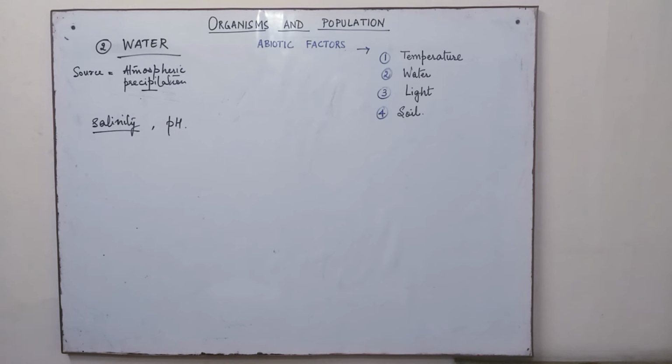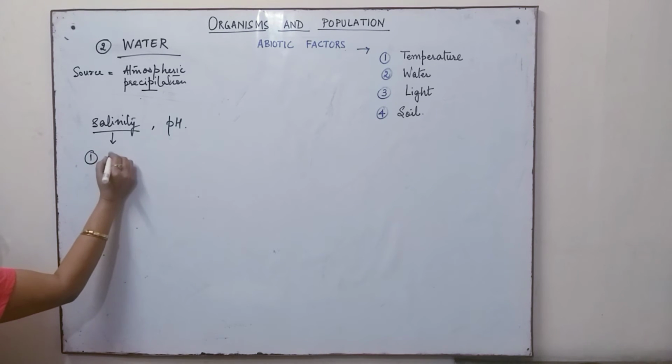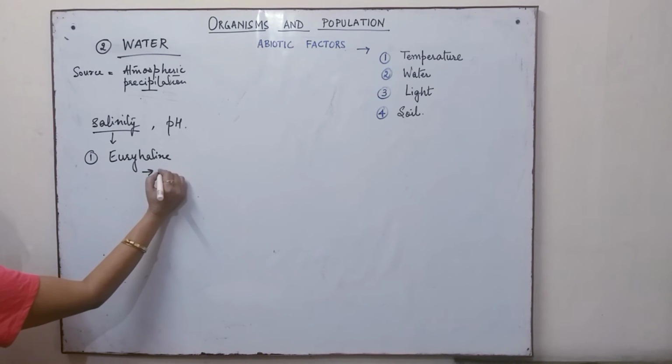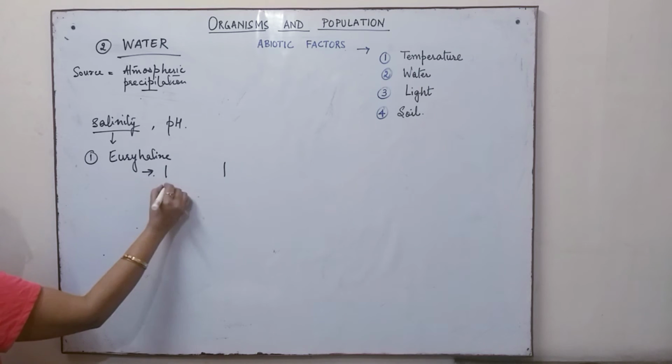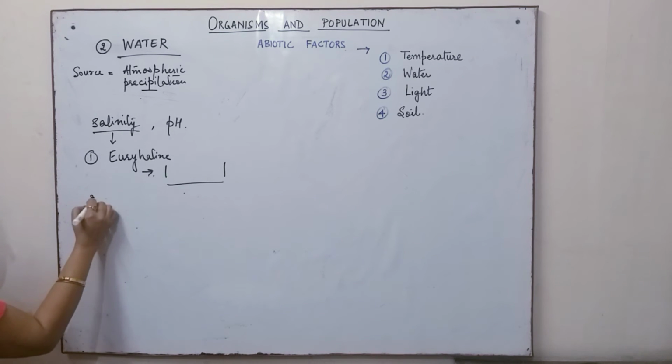Now, salinity in water is an important criterion. Organisms which can withstand a wide range of salinity are known as euryhaline. So euryhaline are those organisms that can survive in a wide range of salinity.